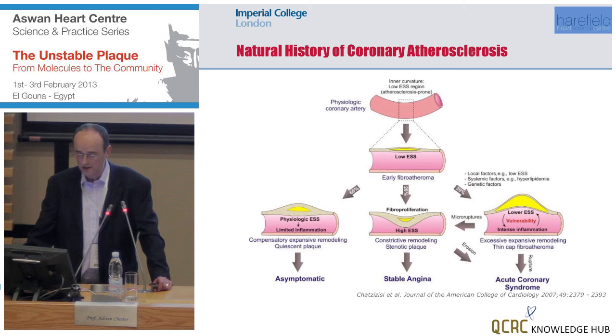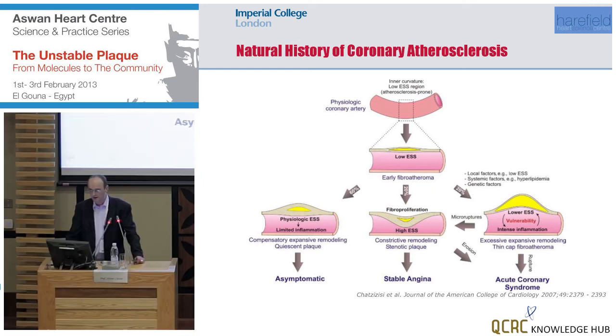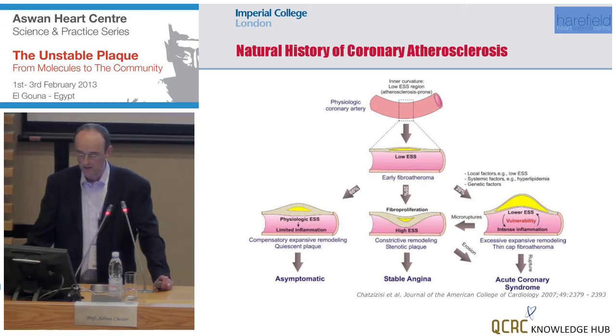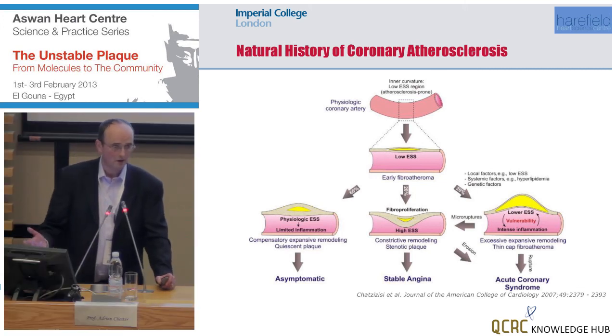But since all of these are interchangeable, if you get an excessive expansive remodeling and this area expands, you'll then reduce the amount of shear stress, and this plaque may then fall into the vulnerable category and experience intense inflammatory reactions and may eventually rupture and lead to an acute coronary syndrome.